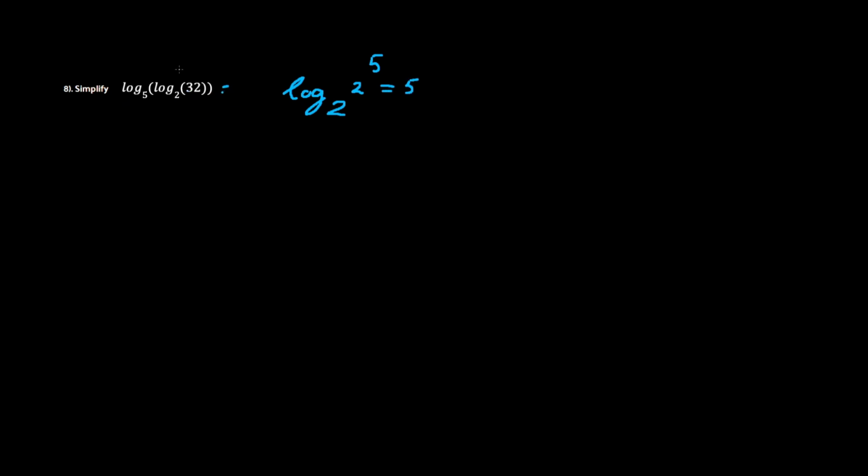So this whole thing can be rewritten as log base 5, and the thing inside the brackets has become 5. And since 5 is to the power of 1, it's just 5, all of this just becomes 1. Very easy.